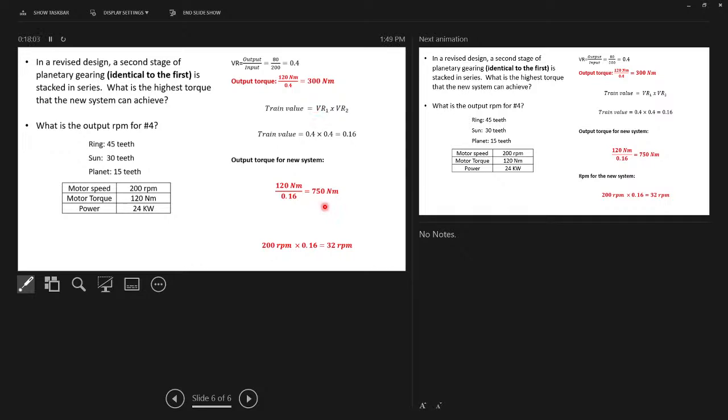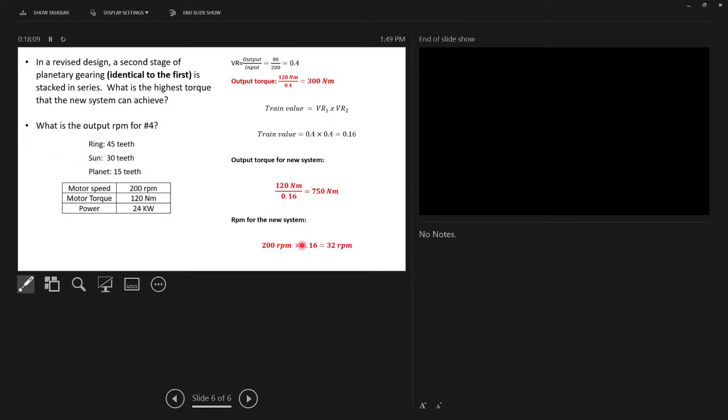Now the RPM for the new system, again, that's just multiplying the RPM of the motor times 0.16, which is 32 RPM.